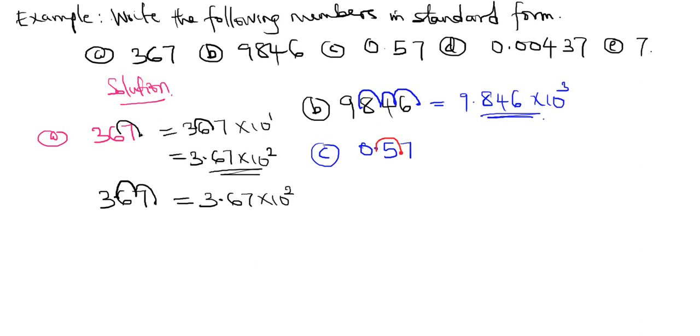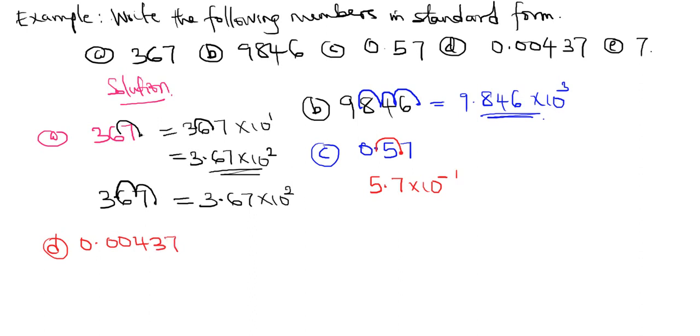So in that case, it's going to be 5.7 times 10 raised to the power minus 1, because you have moved in the right direction. That is minus 1. And we have the next number, which is for D. For D, we have 0.00437.